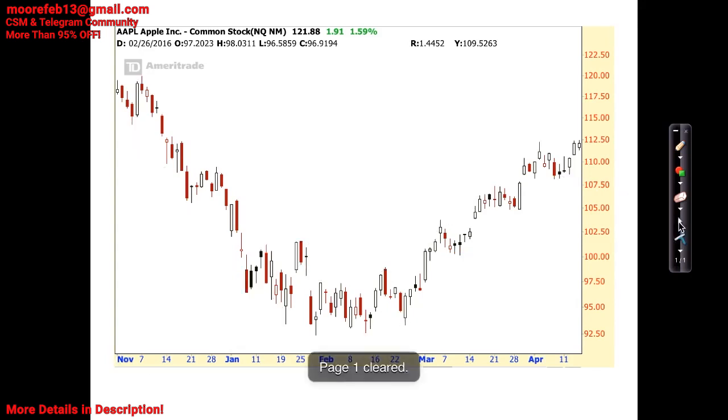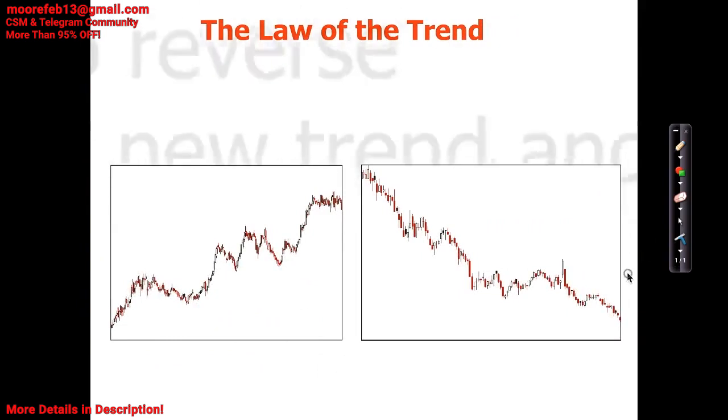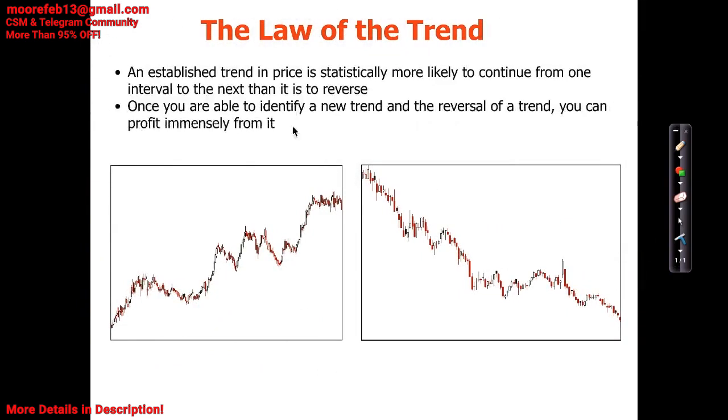So why is this important? Because this is the law of the trend. An established trend in price is statistically more likely to continue from one interval to the next than it is to reverse. What does this mean? This means that when a stock is on an uptrend, the probability is that prices will continue moving higher.